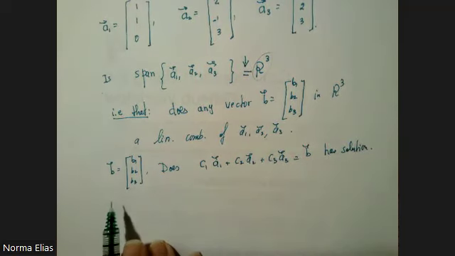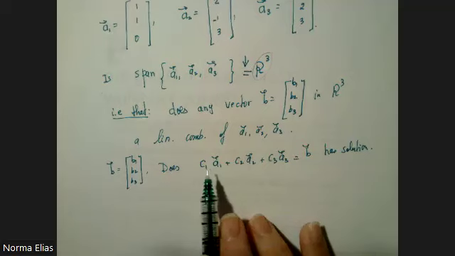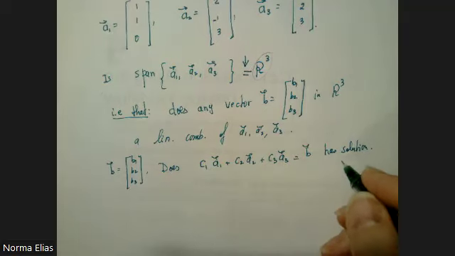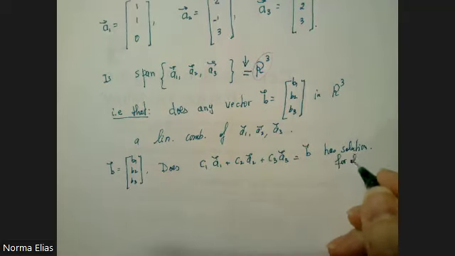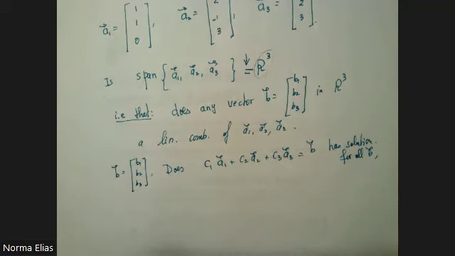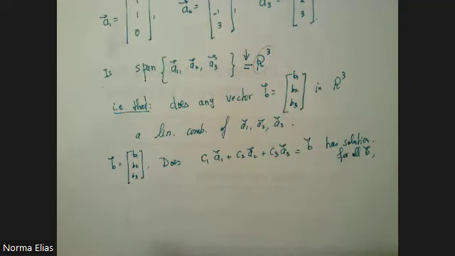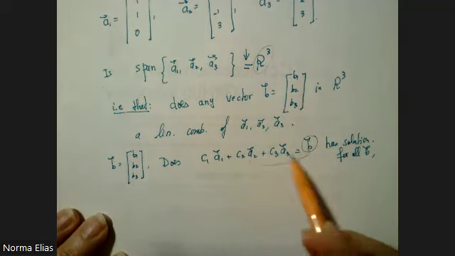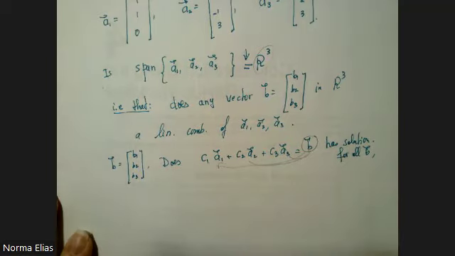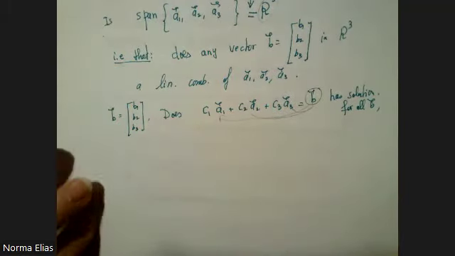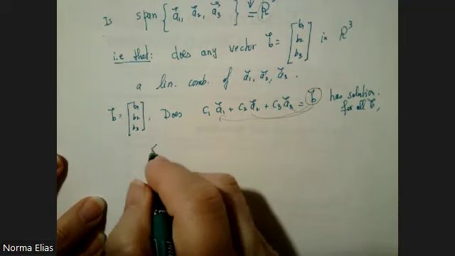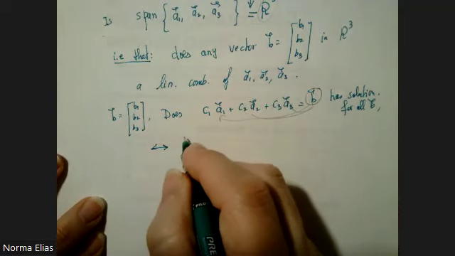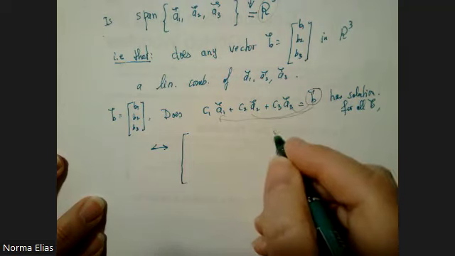Okay, so I take any arbitrary B and ask myself, does this vector equation have a solution for all B? Which is, if you realize, very much the problem that I did a minute ago, but from a different perspective. I'm looking at the system in a different way. So if I take any arbitrary vector, can I write it as a linear combination? Okay, I really don't know. I have to solve. So this is equivalent to solving the following system.